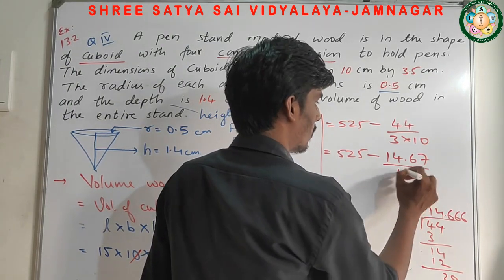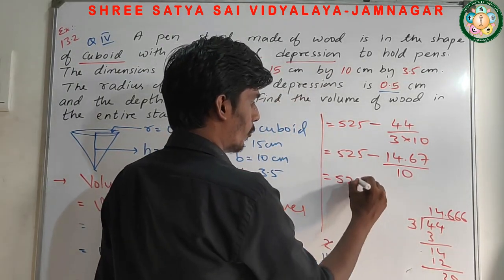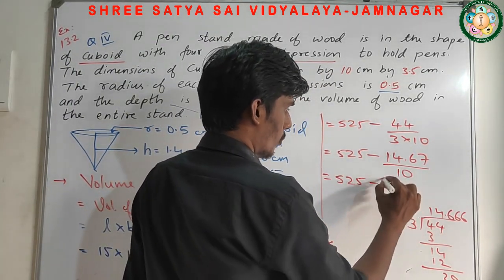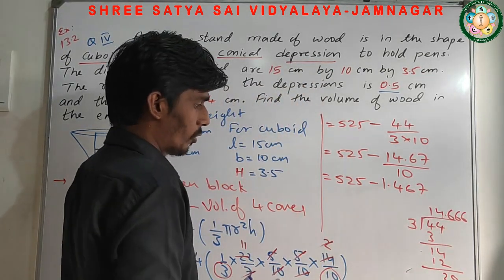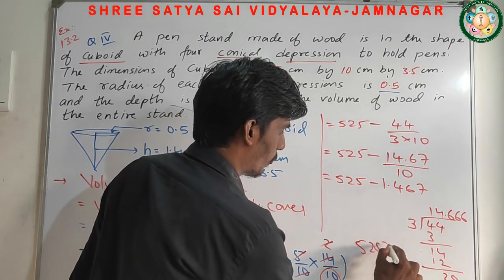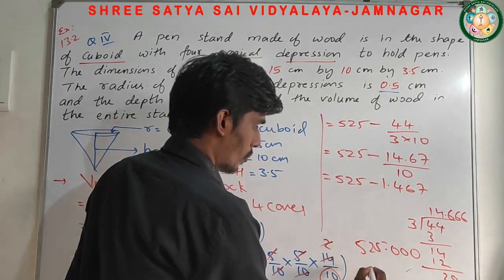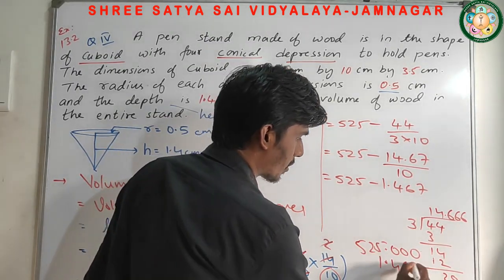Upon 10, so 525 minus 1.467. Now subtract these two numbers: 525.000 minus 1.467.